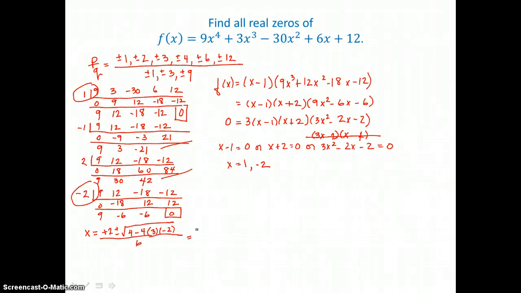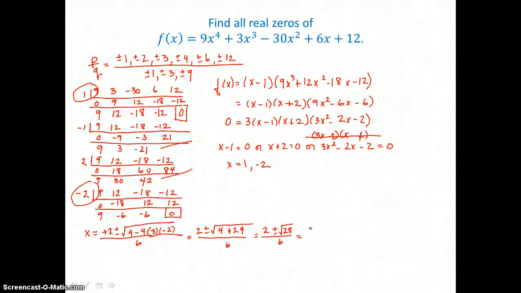Okay, simplifying underneath that radical, I'm going to have 4, and negative 4 times 3 is negative 12 times negative 2, that's positive 24, over 6. So I have 2 plus or minus the square root of 28, which is going to simplify, over 6.